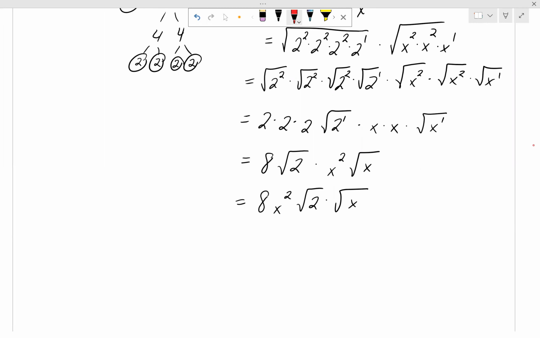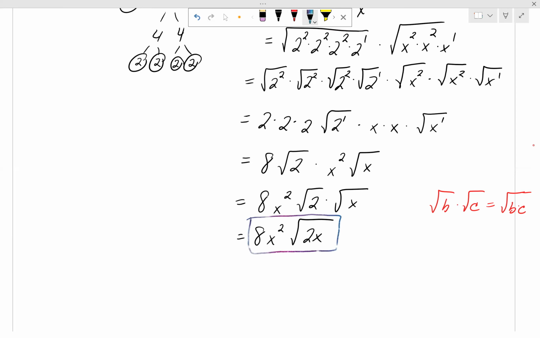Then I can use that property again that said the square root of b times the square root of c equals the square root of b times c. I'm going to get 8x squared on the square root of 2x. And that would be my final answer.